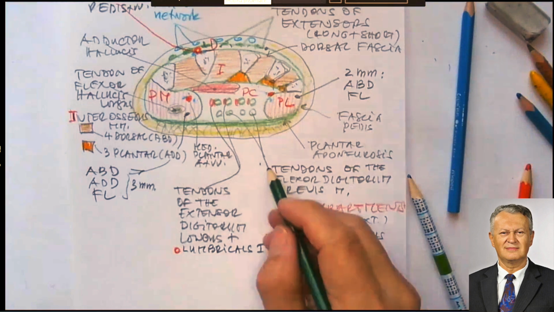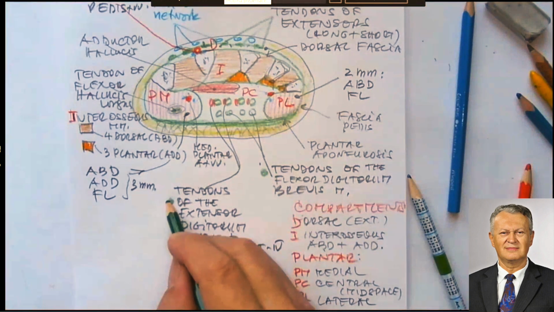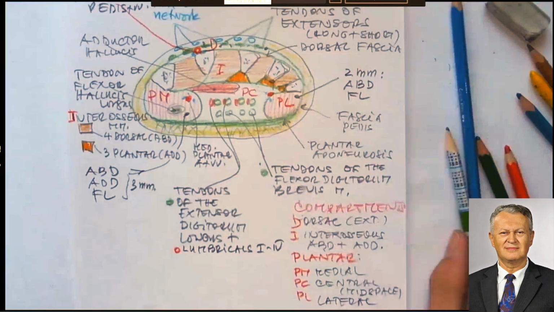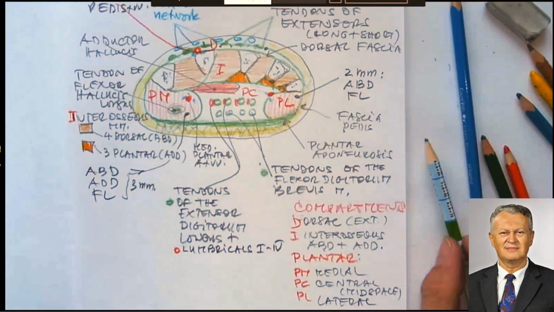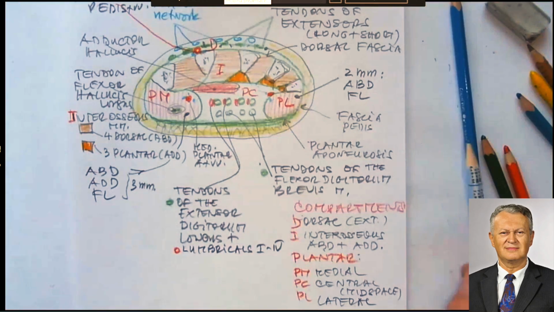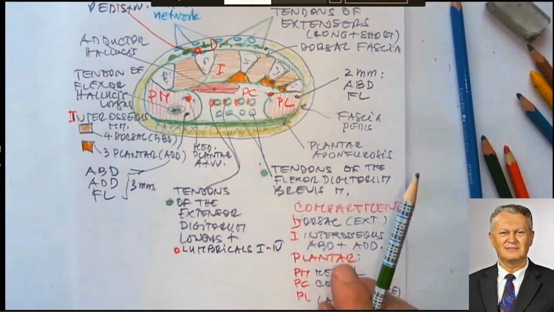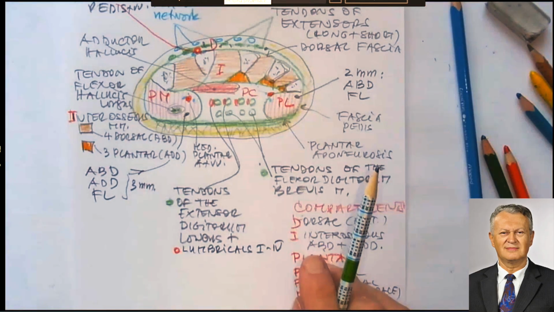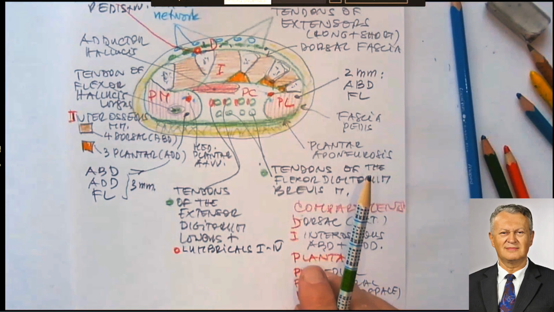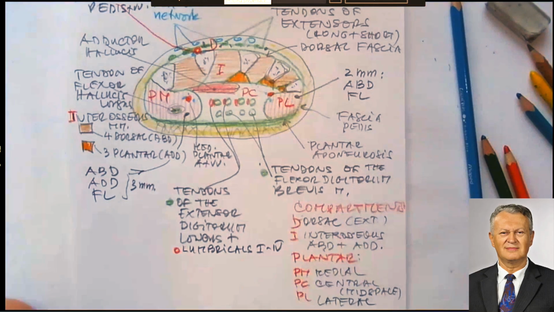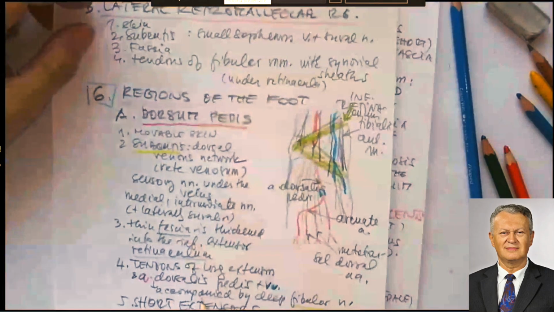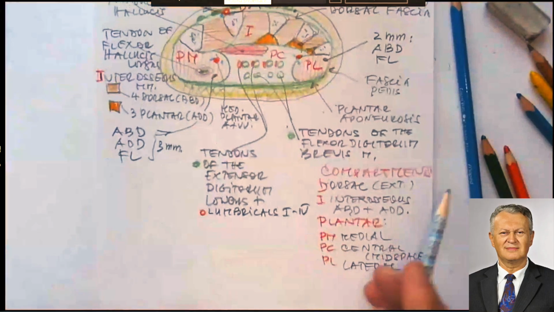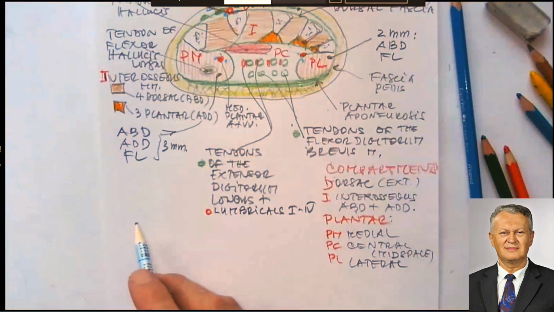So we see the tenderness of the short, of the long flexor in the central position. It's not bad to see the section, because in the dorsum we are still looking at the diagram. This is the dorsum pedis, and we already mentioned all the structures. So we have the planta.